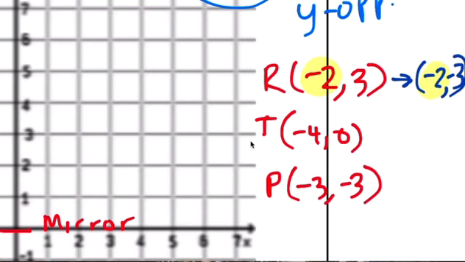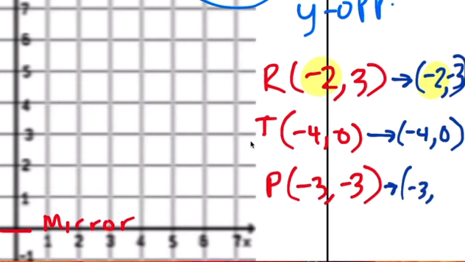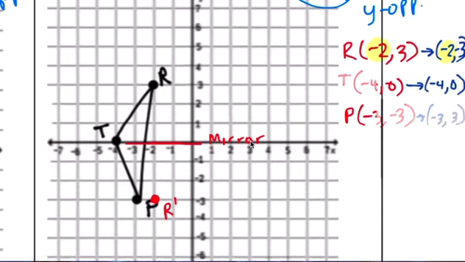I'm going to keep my x the same, which is -4, and y is opposite. Opposite of 0 is 0. Okay, and then I'm going to keep my x the same, which is -3. The y is its opposite, +3 there.